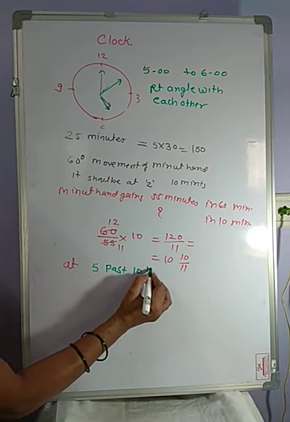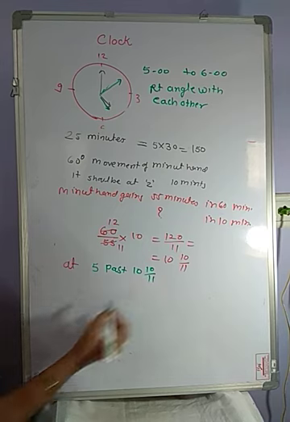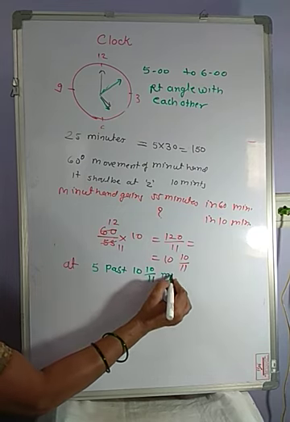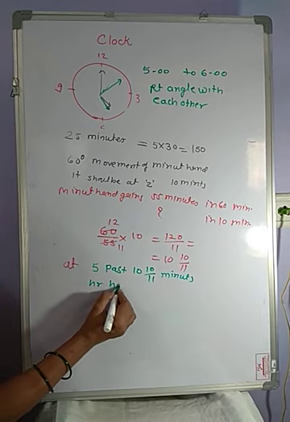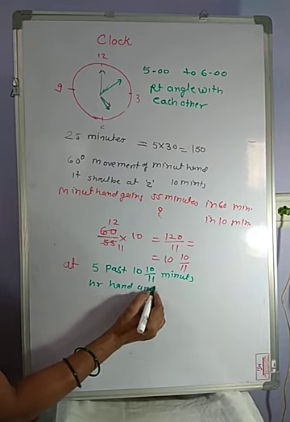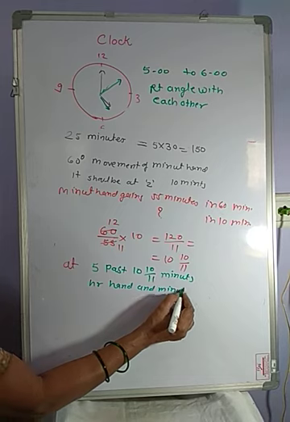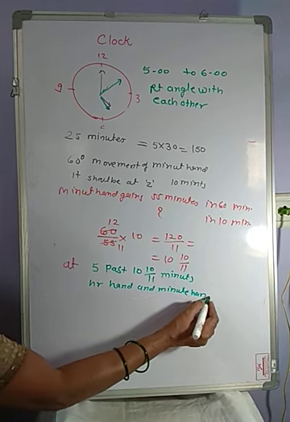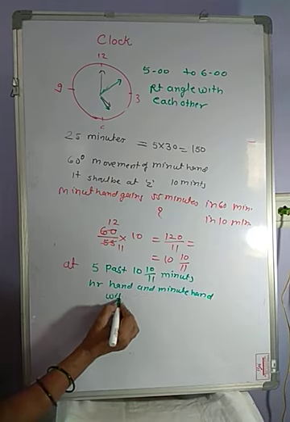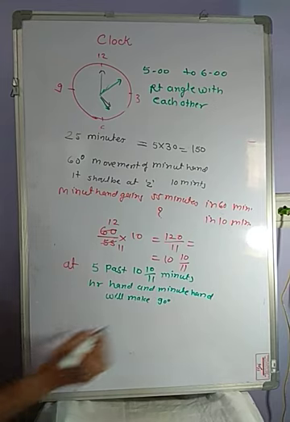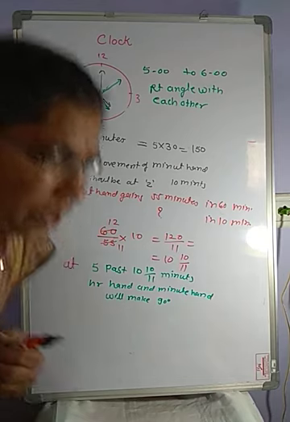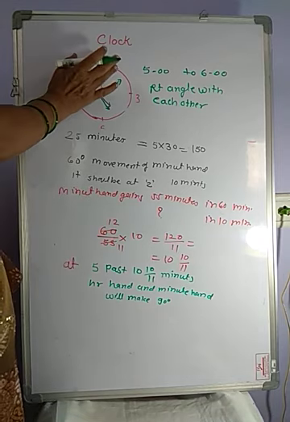and this time, that is at 5 past 10 minutes, 10 by 11 minutes, our hand and minute hand will make a 90 degree angle. Okay, that is here.